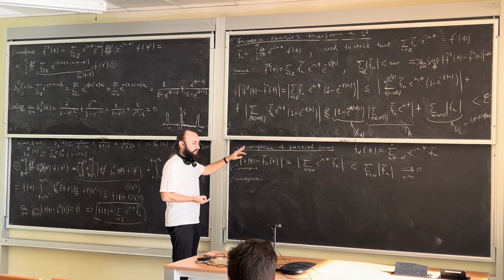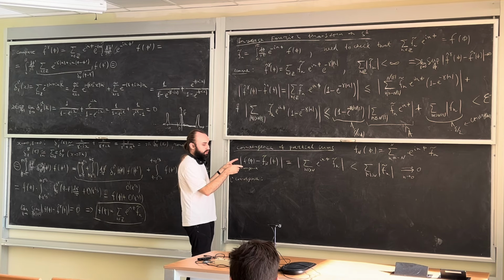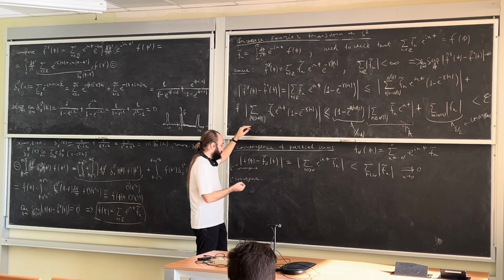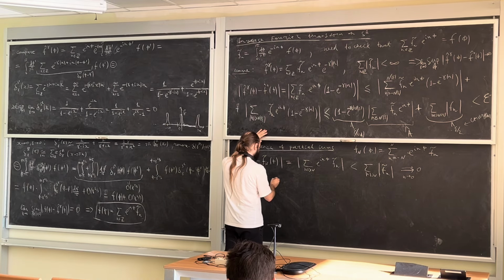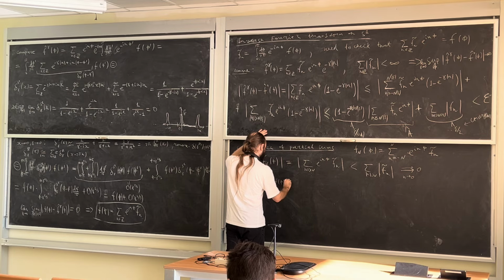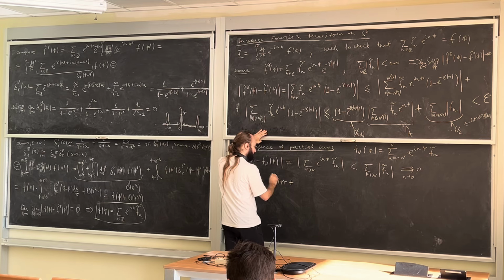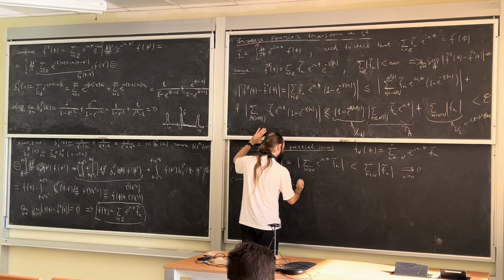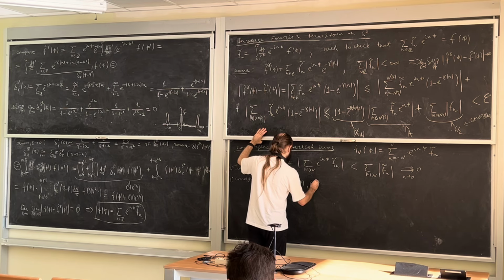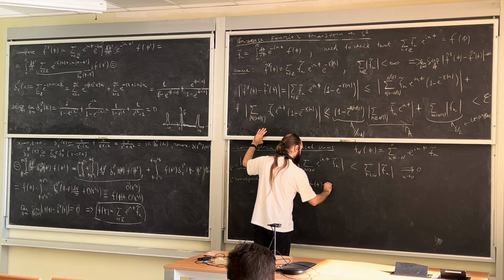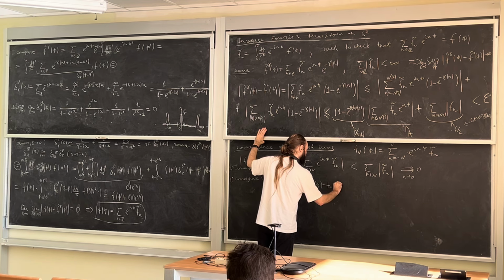Namely, let us compute the absolute value squared of this difference of functions. So f of phi minus f n of phi, times f of phi minus f n of phi.